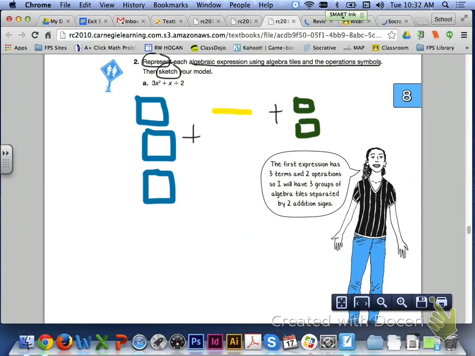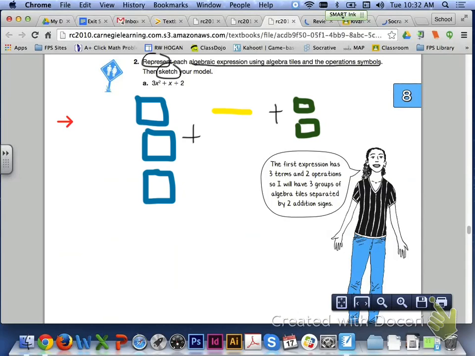Let's take a look at number 2 on page 577. It asks us to represent each algebraic expression using the algebra tiles and their operation symbols, and then to sketch our model. And like I said, we're just going to use colored pencils so we can tell the difference between each of the tiles. So the algebraic expression for letter A is 3x squared plus x plus 2.